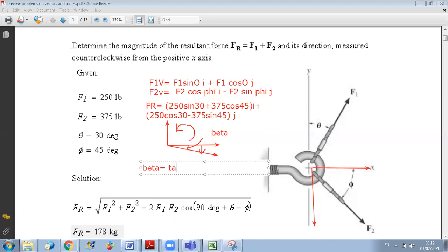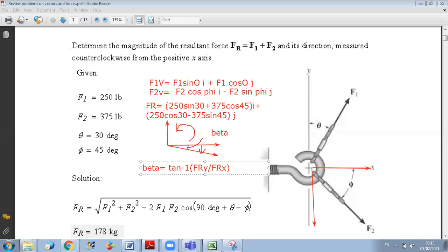So tangent inverse of F resultant y over F resultant x. In general, we take the absolute value because we know the quadrant and we just want the absolute value of the angle. But here, since they are asking for the sign, because they are saying express it relative to the counterclockwise direction.